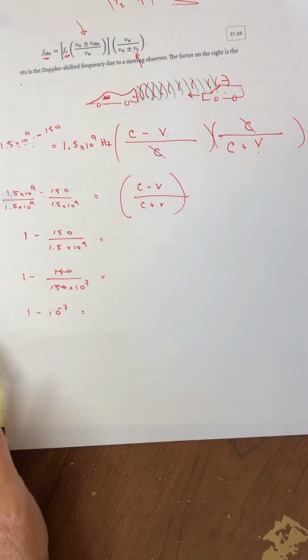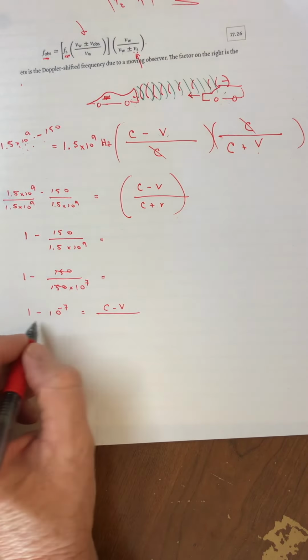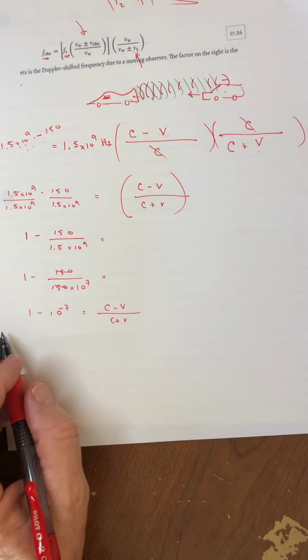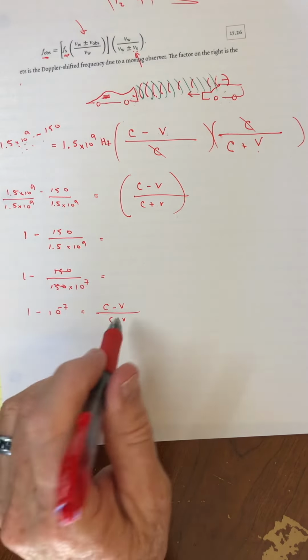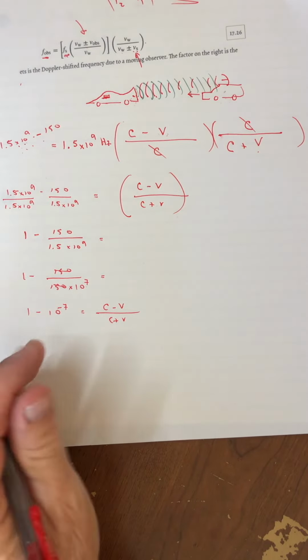Part of me says maybe I should just avoid the trick and just cross-multiply. I got a C minus V here, and I got a C plus V. But since I think somebody might be asking about the math the author did, let me look at what the author did.